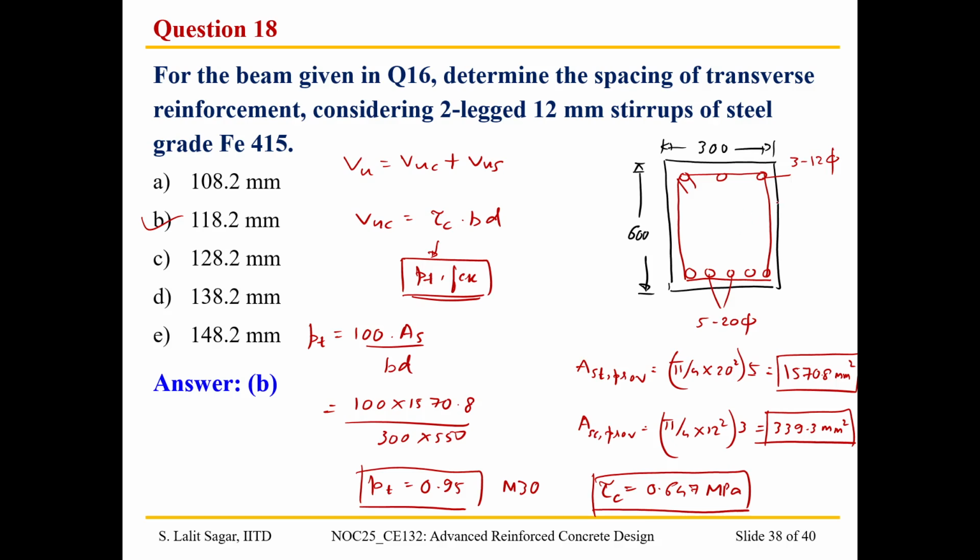We can say that we can provide two-leg 12 dia stirrups at 110 mm center to center. Okay, so yeah, this is the correct final answer.